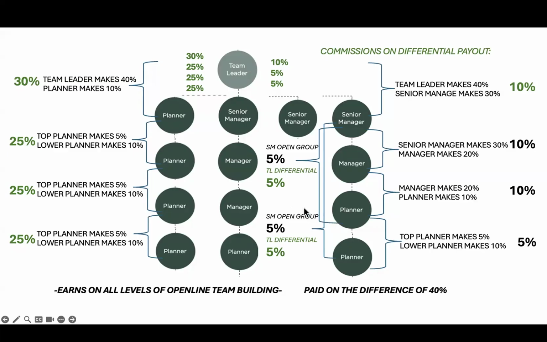This is where the SM open group 5% goes to the senior manager. So 5% on the third planner, 5% on the fourth planner, all goes to the senior manager as a 5% open group. But because 5% open group was paid out, there's an additional 5% left over on the differential. So that 5% left over rolls up to the team leader.